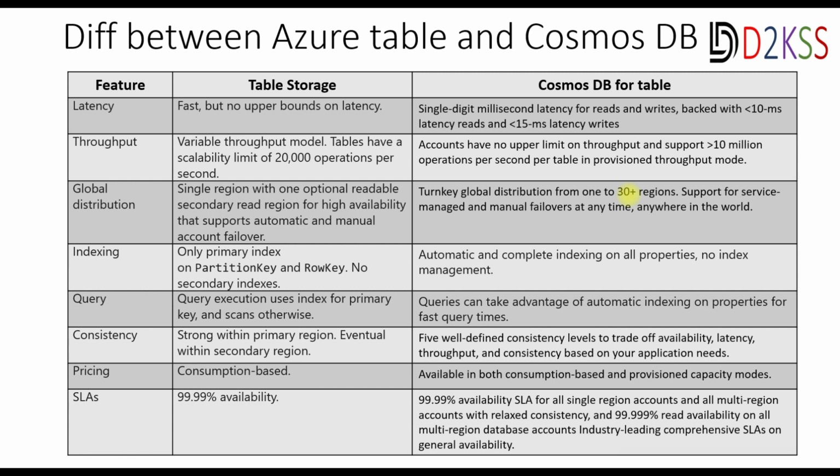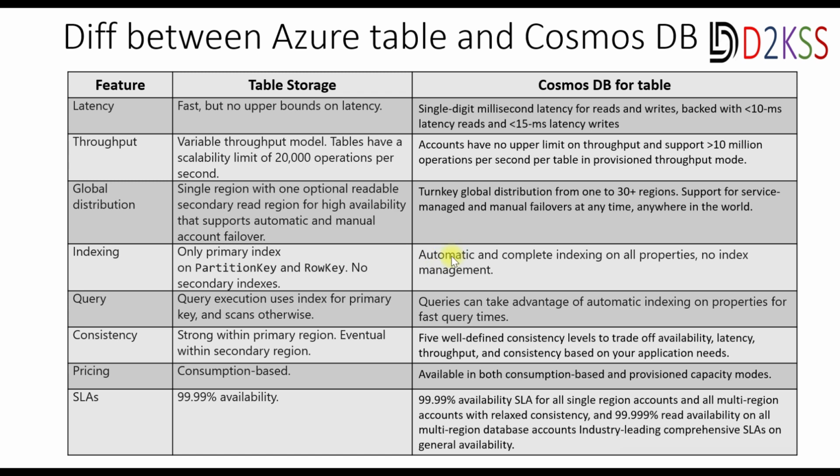You can configure this with Cosmos DB for Table. Because of this 30 plus region support, we can manage failover at any time, anywhere in the world. And indexing: only primary indexing using partition key and row key. These are the default properties which support the primary indexing.